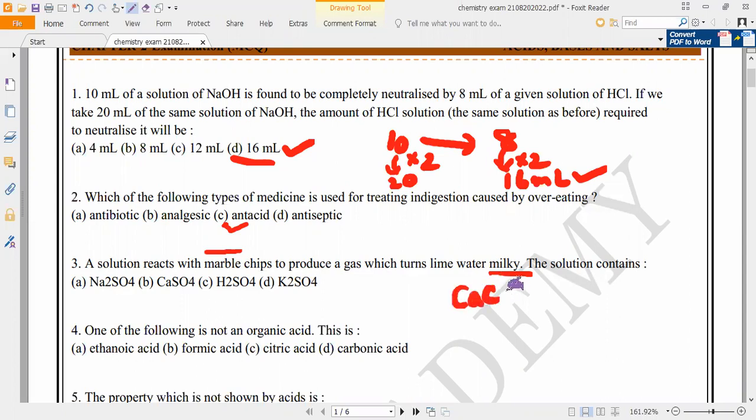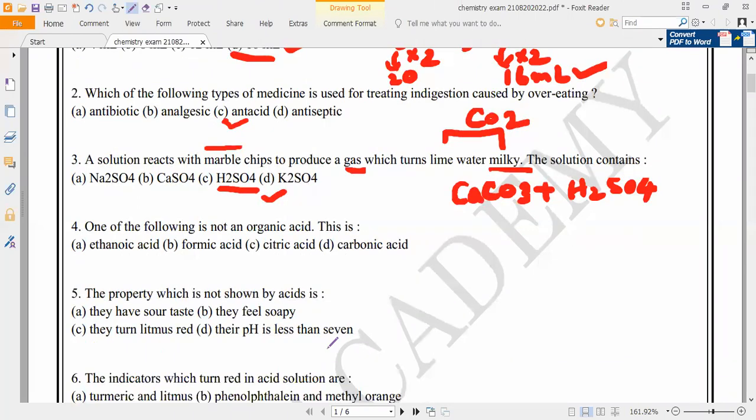CaCO3, sir. So calcium carbonate reacts with something to produce a gas which turns lime water milky, which means CO2. The solution is H2SO4, an acid. You have to remember that. So option C.